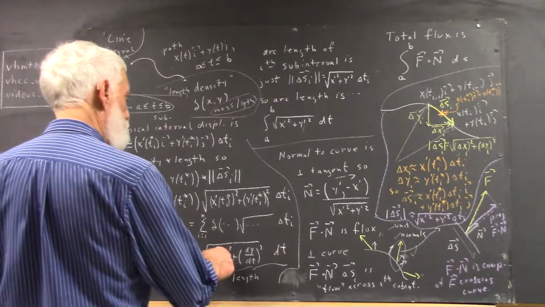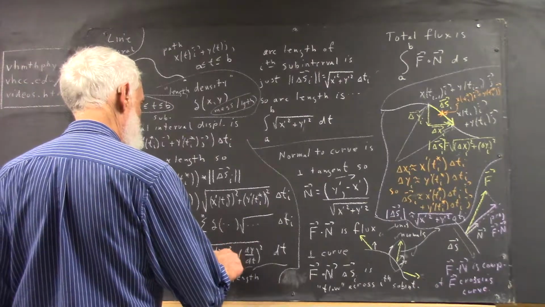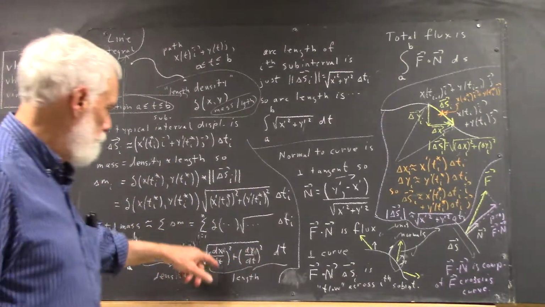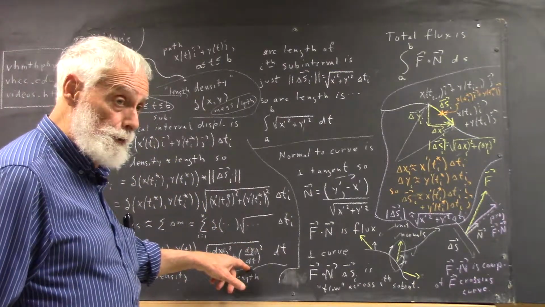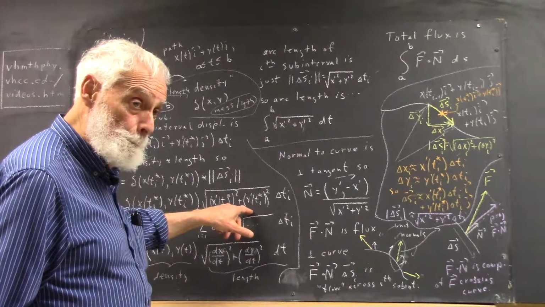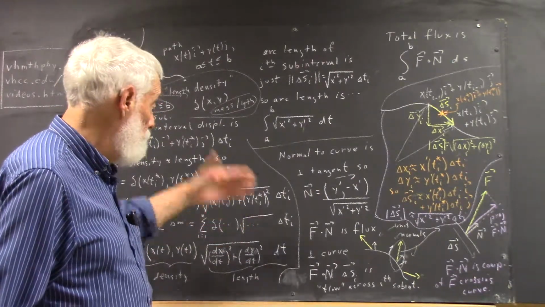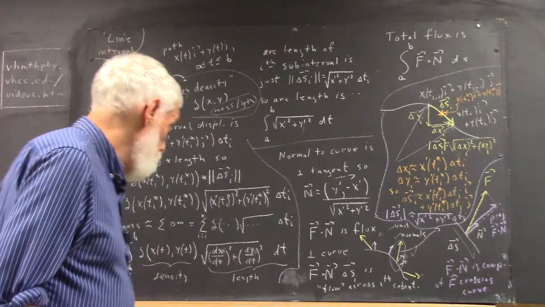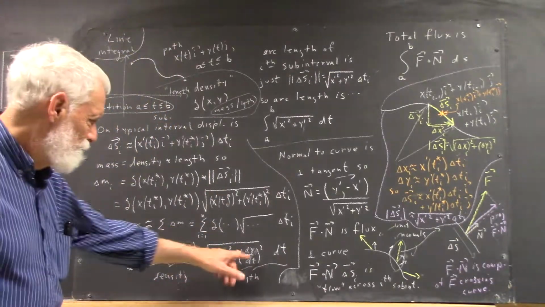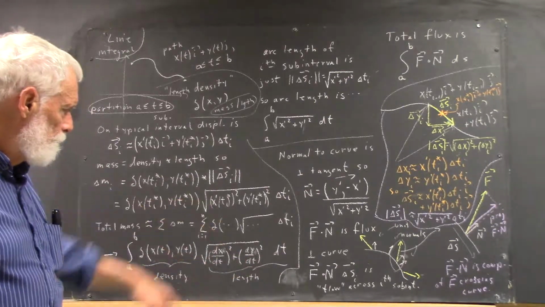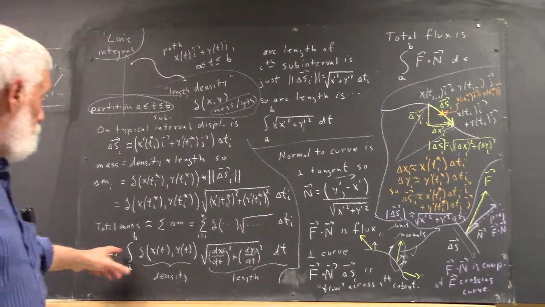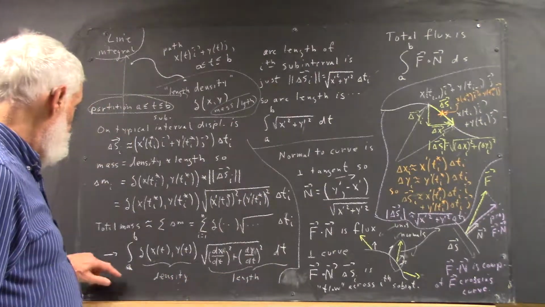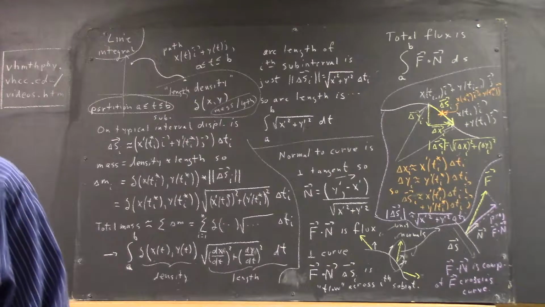Now that would be x of t here, you have y of t here. But for compactness, I just wrote it dx dt squared, dy dt squared. I left off the prime, and I converted from the prime to the dx dt and dy dt notation, because you're going to commonly see this. You'll commonly enough see this too. Okay, so what this represents is our density, what this represents is our length, and that's integrated from a to b.